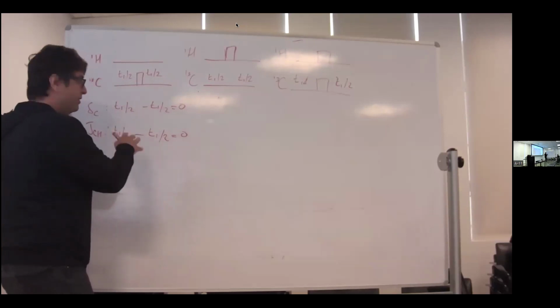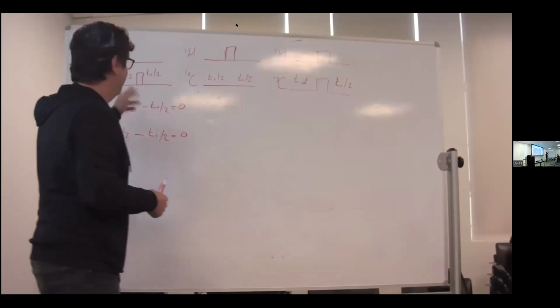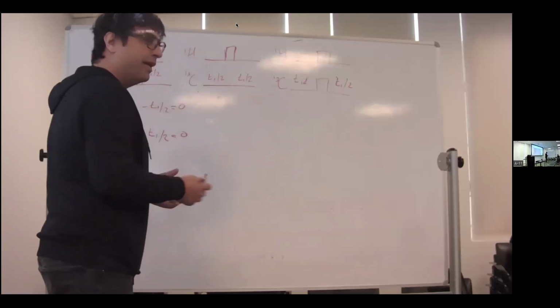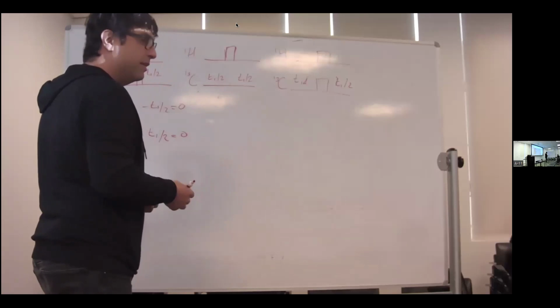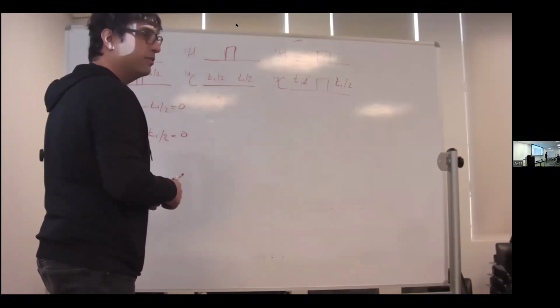Let's imagine there's nothing else left. What would happen if I collected this? If I ran this pulse sequence, and then there's a reverse INEPT, what would I get? Just proton. What would the indirect dimension look like? What would the FID look like for the indirect dimension?